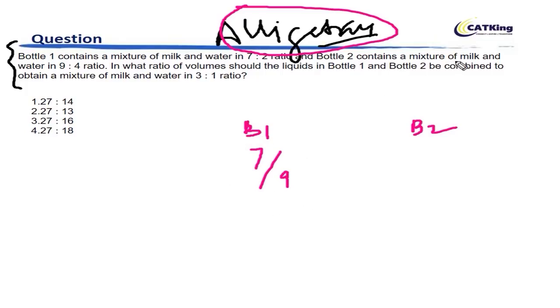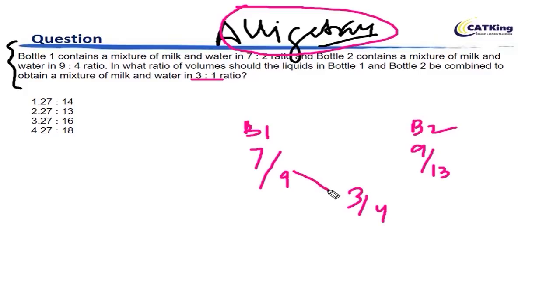And bottle 2 contains a mixture of milk and water in the ratio 9:4, so the proportion of milk out of the total solution is 9/13. And the question is, how should I mix B1 and B2 so that milk and water are in the ratio 3:1? Basically we want the milk to be 3/4 of the solution. This is the question, right?